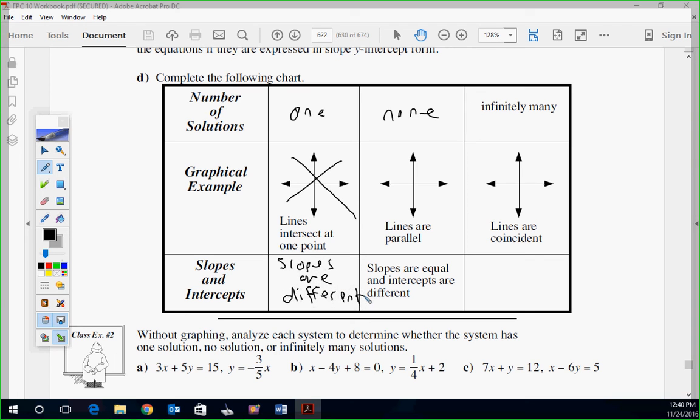For none, the lines are parallel. For infinite, it's the same line on top of itself. Slopes are equal, and the y-intercept is equal. Put a little bracket here, same line.